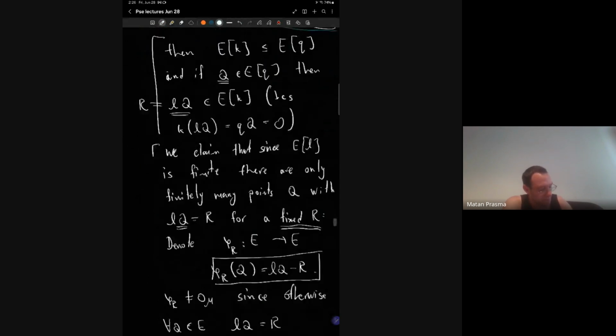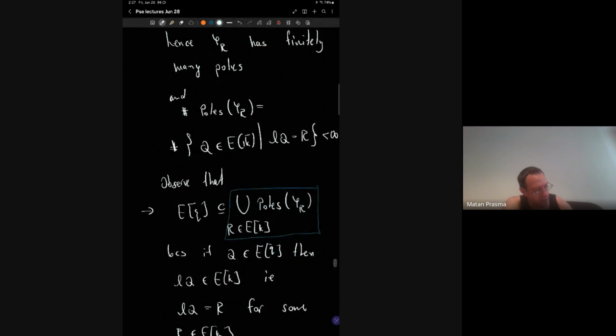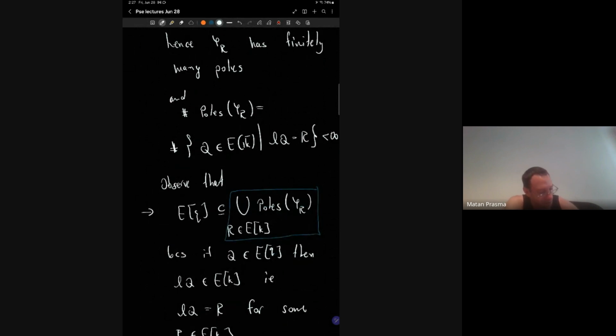So if I now look at the poles of phi R, imagine that R is a point in EK. This statement is true without the assumption, but we know that the number of poles of phi R is finite because it's the number of poles of rational functions.